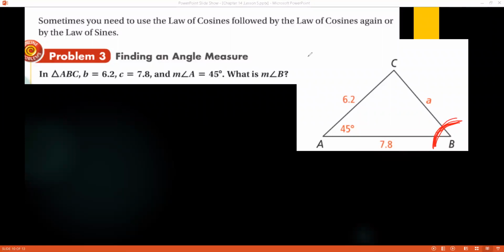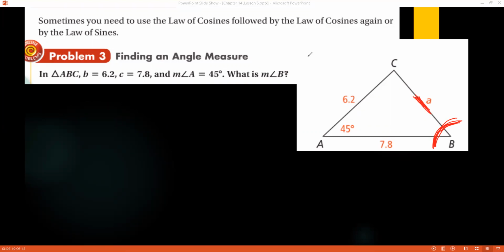Okay, the law of cosine, if I use it, I have two sides and opposite angles, so I can use the measure of the length of side A. But I don't want the measure of side A, I want the measure of angle B. So if I want to find the measure of angle B, I cannot use the law of cosine.